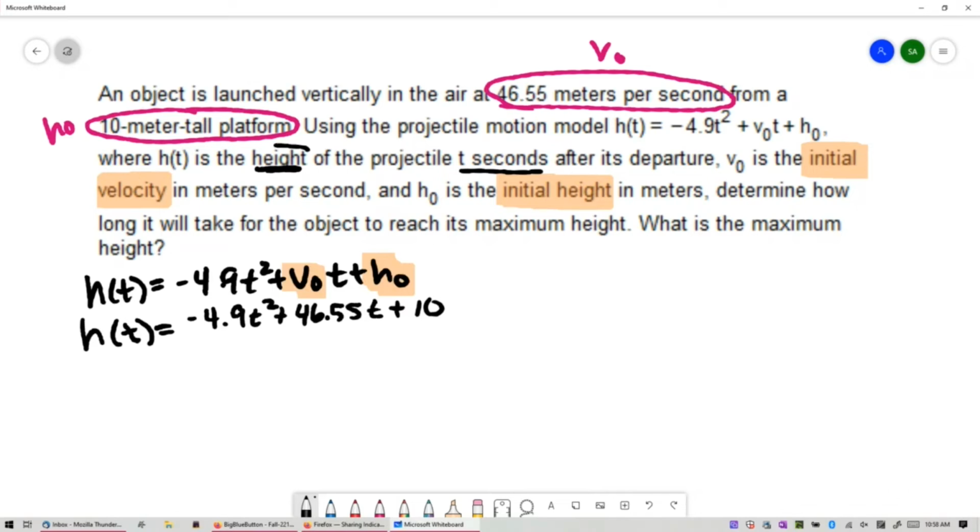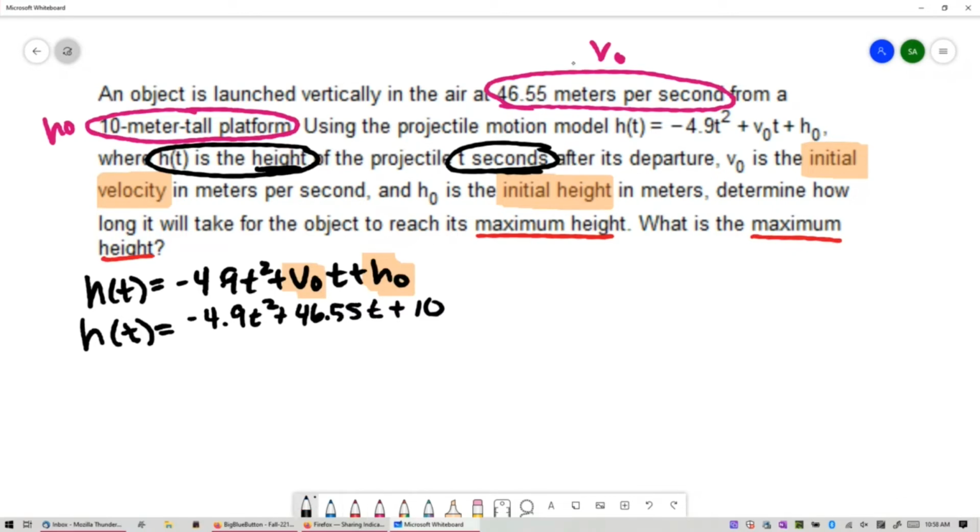H is height, and t is time in seconds. And then we're going to read our question again. Determine how long it takes for the object to reach its maximum height, and what is the maximum height. So we want to know the maximum height and how long it takes to get to that maximum height.